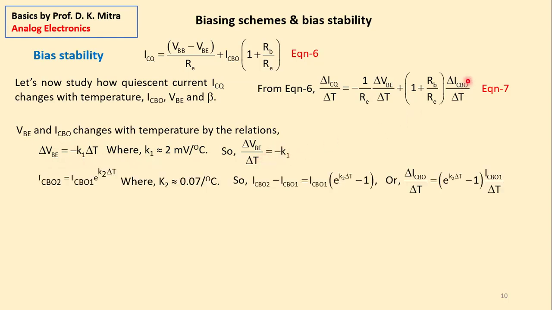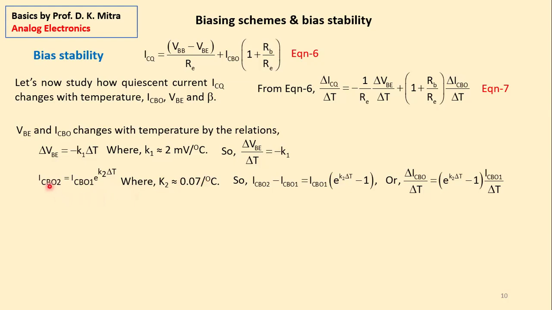And for ICBO also a relation has been found. ICBO2 is equal to ICBO1 exponential to the power K2 del T. There is the exponential relation. ICBO1 is the earlier or initial ICBO, ICBO2 is the final ICBO, del T is the temperature difference, and the K2 value is given.